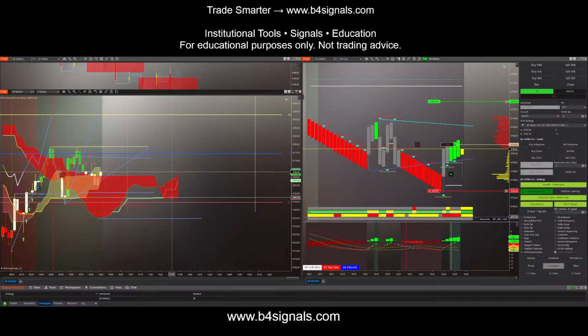The reason I say that is these Ichimoku lines, they are dynamic. They turn dynamically as price turns because of their formula, their calculation.